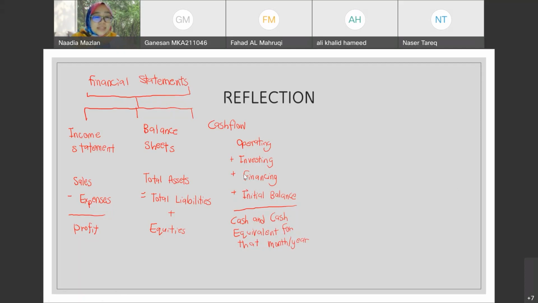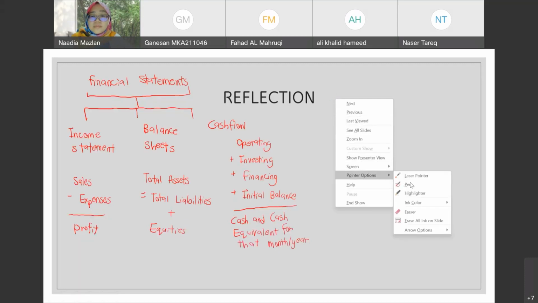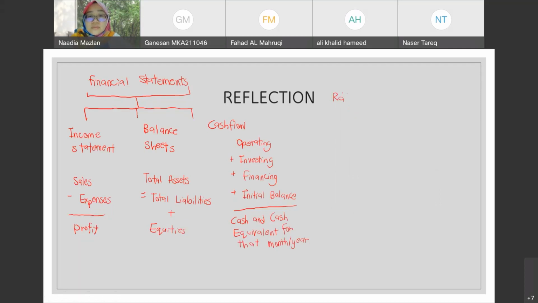The first one is internal comparison, which means that we have the ratio and then the year: year 1, year 2, year 3. And then we have the external comparison.